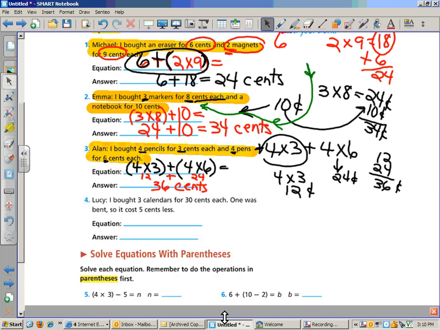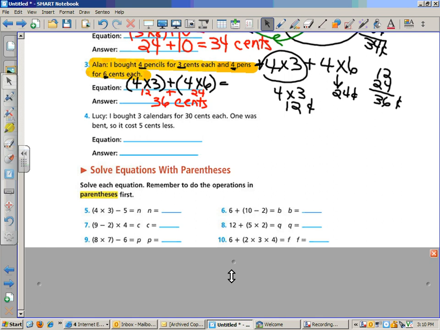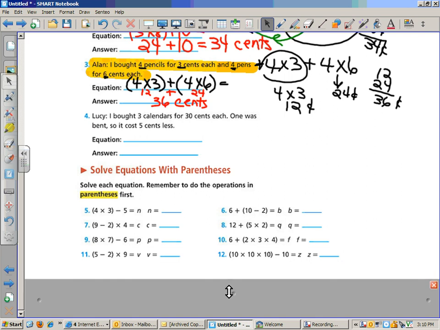So let's go scroll down here and looking at, just as you get more comfortable with it, you're working with story problems. It's great if you see that, but you're also going to see just the equation, and you're going to have to solve for it. So we want to remember that the parenthesis is always first.